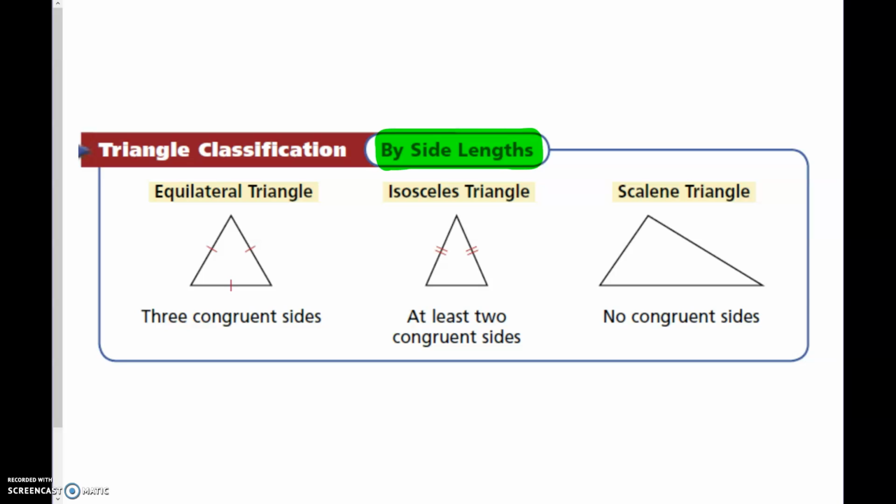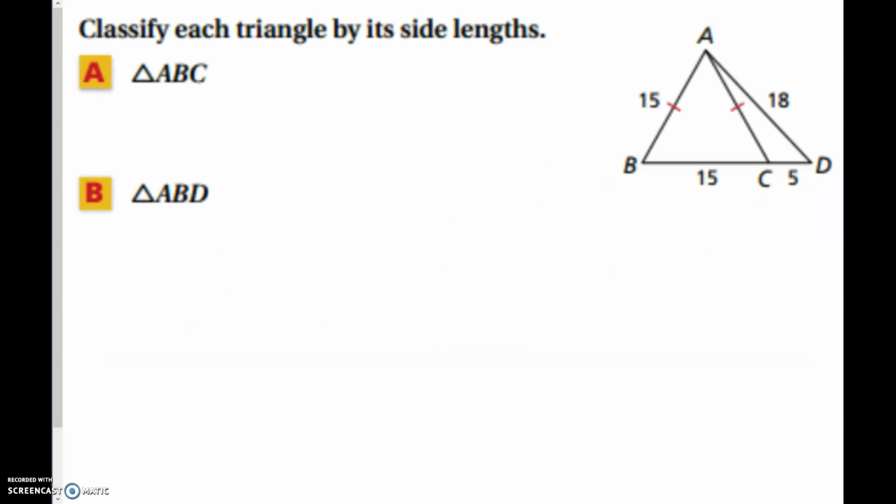True or false? And that is false. But what if they say, are all equilateral triangles isosceles? And then you would say true because it has at least 2 congruent sides. So please make sure you are paying attention to that definition. Isosceles is at least 2 congruent sides. Scalene means no sides are congruent.